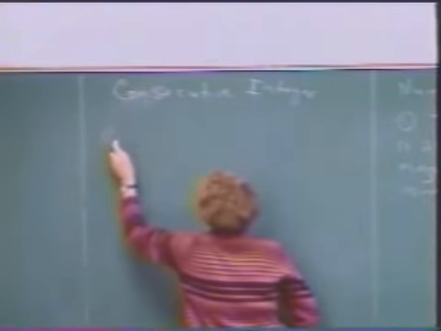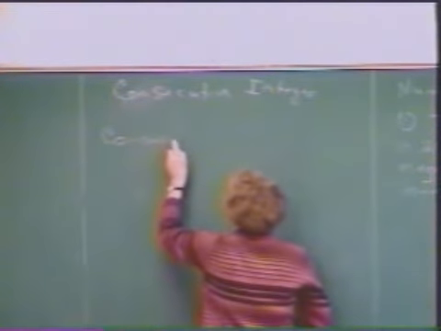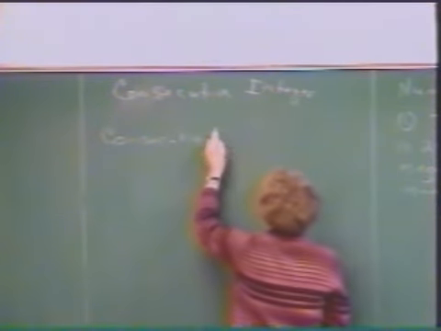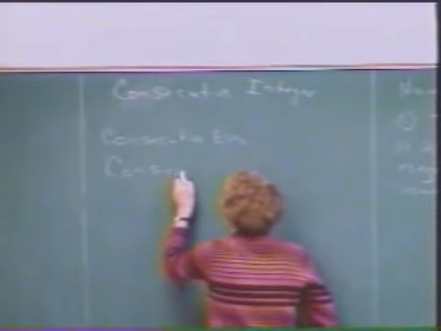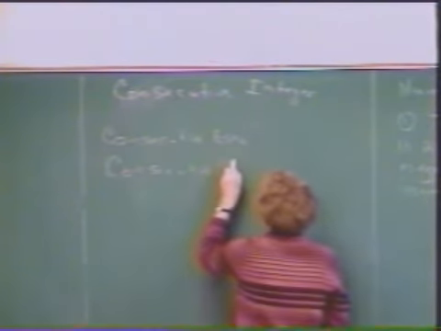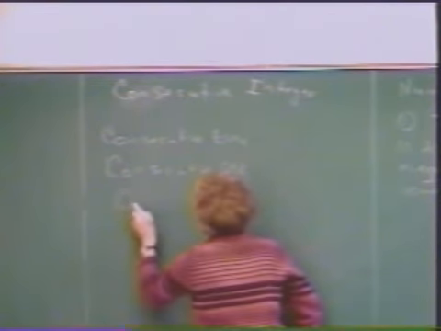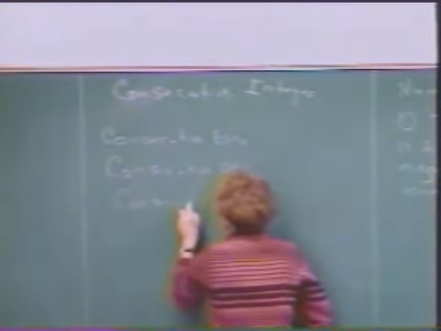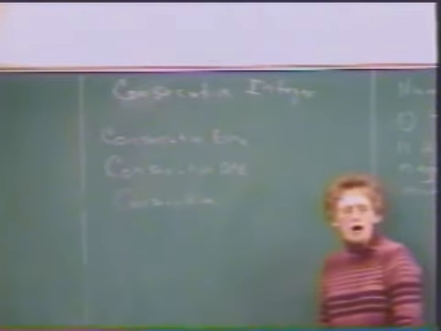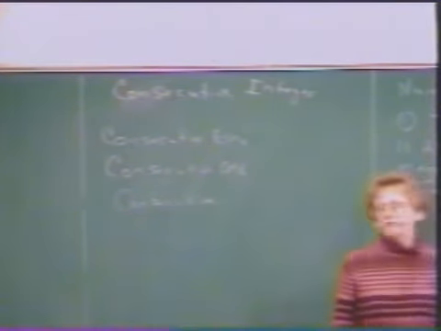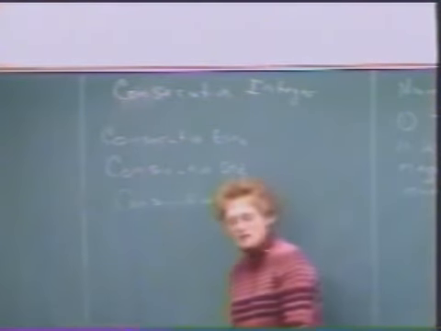We have consecutive even, consecutive odd, and just plain consecutive. And you're going to have word problems that will talk about maybe the sum of 2 consecutive even numbers, or the product of 2 consecutive odd numbers, or the difference of just consecutive numbers.